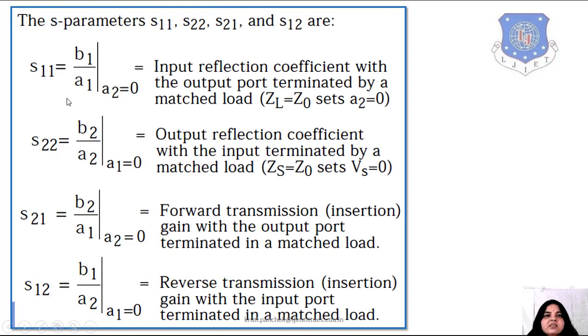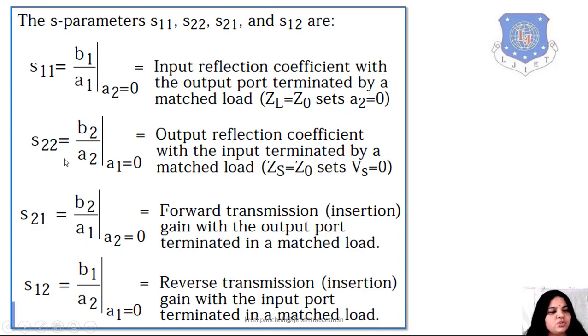So S11 is equal to B1 upon A1, with A2 equal to 0, meaning the input reflection coefficient with the output port terminated by a matched load. So ZL is equal to Z0, which sets A2 equal to 0.